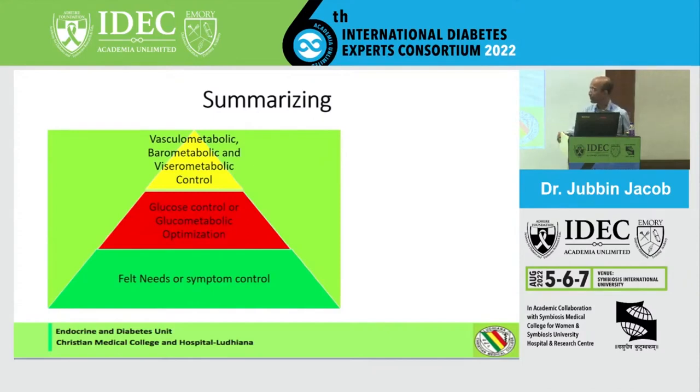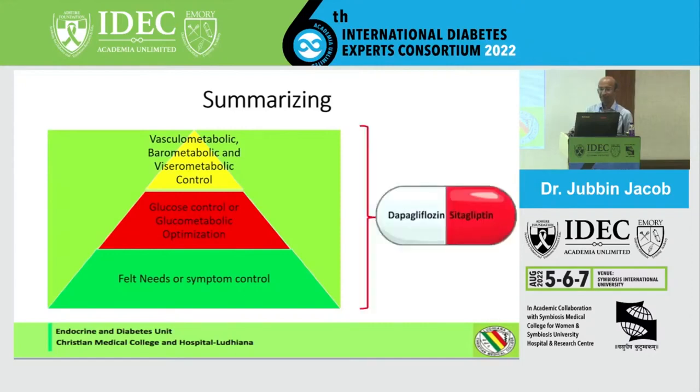But if you are short of time and you're following a pyramid and you want to decide things quickly, I think if you look at this pyramid in terms of metabolic control, glucose control that the patient can see in improvements in his values, and the icing on the cake, which is vasculometabolic control, barometabolic control, and now what we talk about is viscerometabolic control, improving liver outcomes, improving gonadal outcomes, I think this combination may be an excellent choice. I'll stop here, and I'm very happy that I was invited here. Thank you very much.